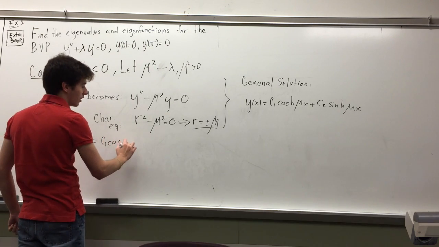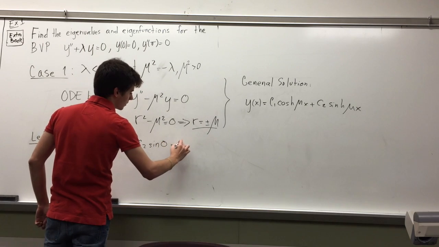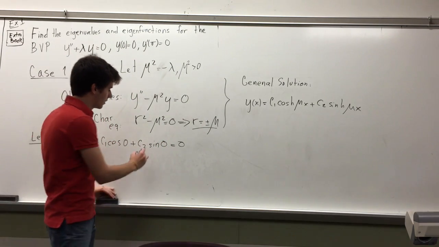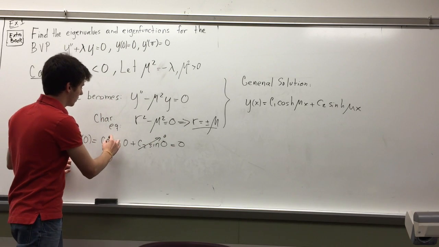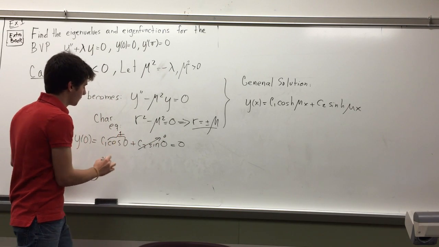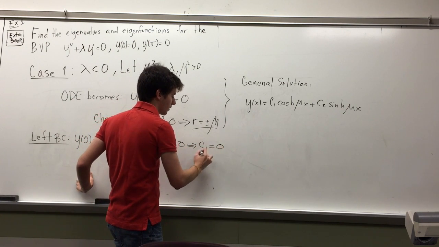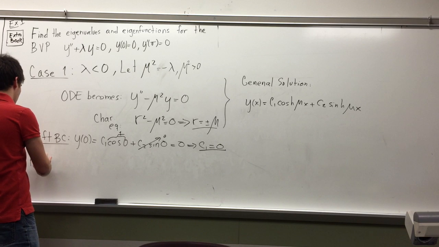C1 cosh of 0 plus C2 sinh of 0 is equal to 0. And since we know that sinh of 0 is equal to 0, this term vanishes, and cosh of 0 is equal to 1. So we have C1 is equal to 0.